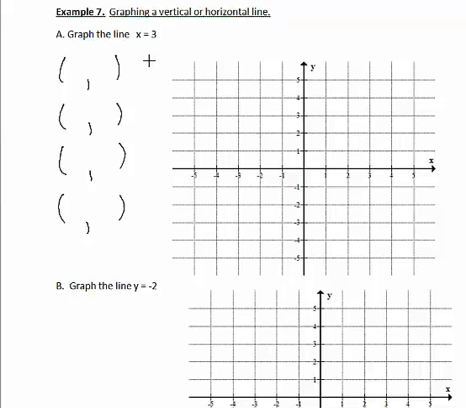Where do your coordinates come from? They come from your equation. Any coordinates that you write in these ordered pairs have to make sense with respect to your equation. And the only thing that your equation tells you is that x equals 3. There's no other option. There's no y variable in there.